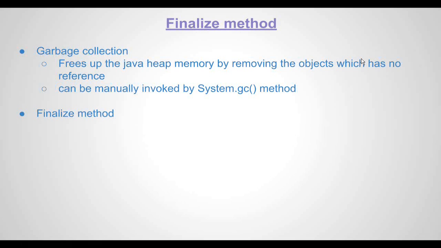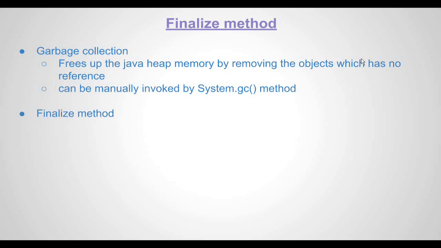So when you are creating objects in the program using the new operator, it will allocate the memory for those objects in the Java memory heap space. So these objects accumulate when you are creating them. Programs might be running throughout the days.